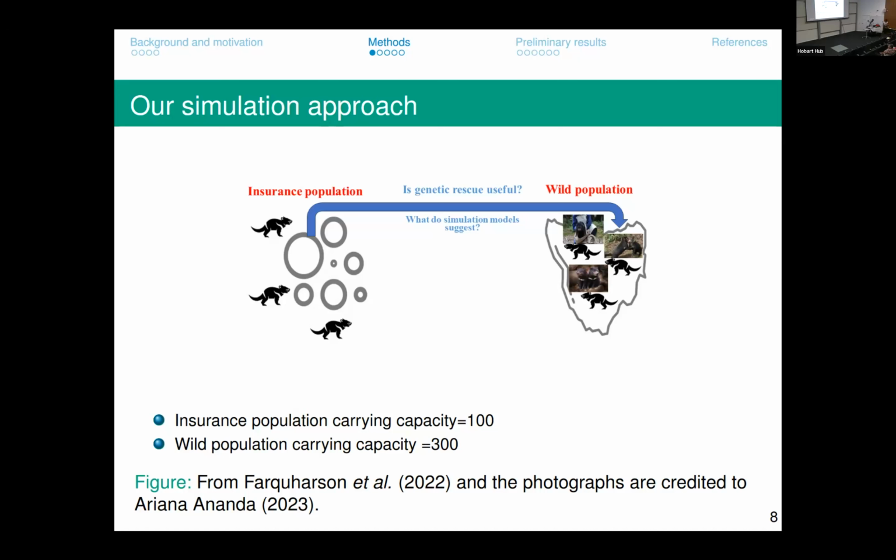So when we supplement individuals from the disease-free insurance population into the wild population, will it decrease the fitness of individuals carrying mutations that help them mitigate the disease, or will it improve the genetic diversity and the overall health of the population? These are the questions we want to tackle.